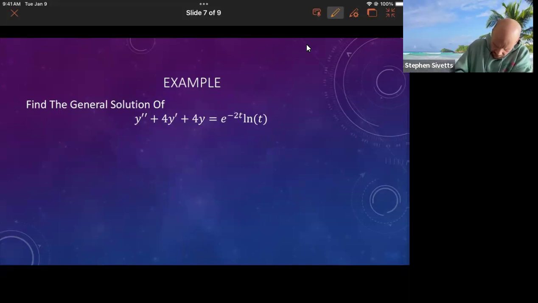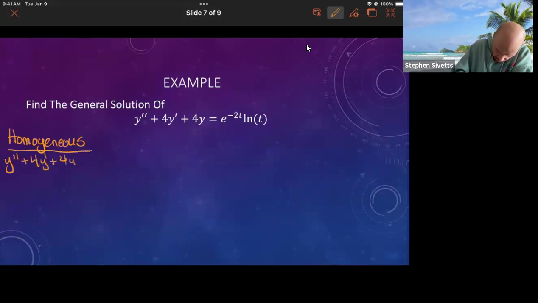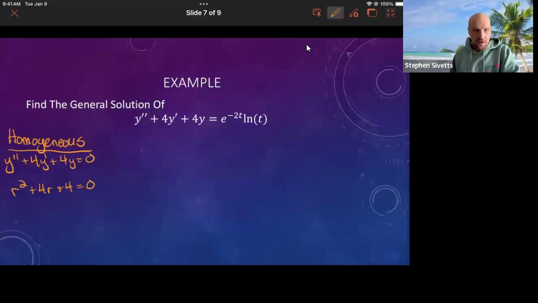First, we need to look at the homogeneous differential equation, y double prime plus 4y prime plus 4y is 0. And so the corresponding characteristic equation is r squared plus 4r plus 4 is 0, right?